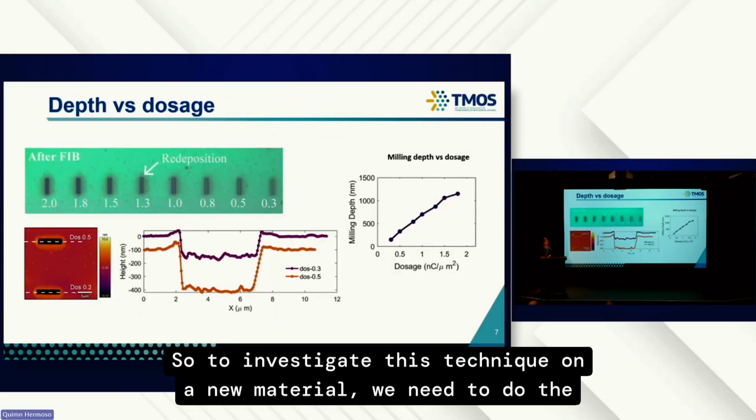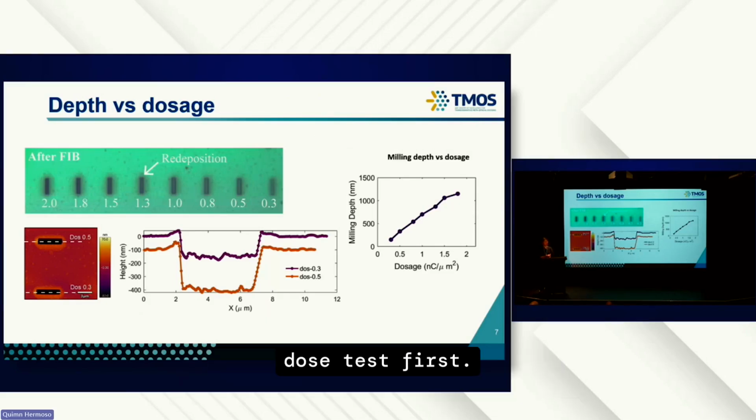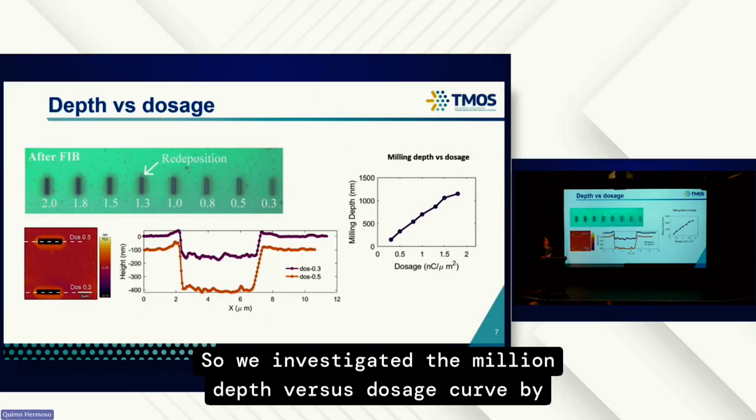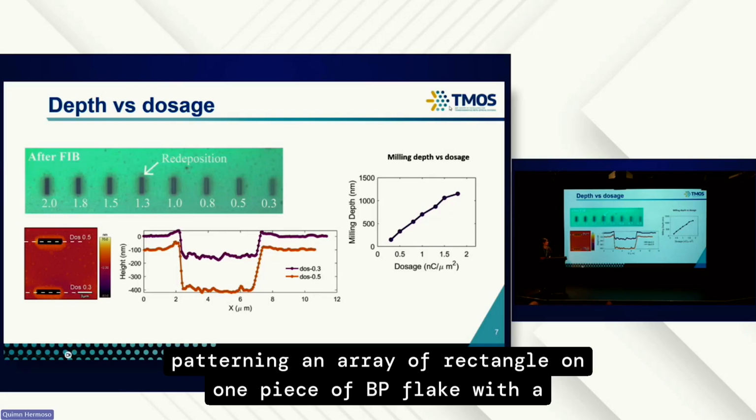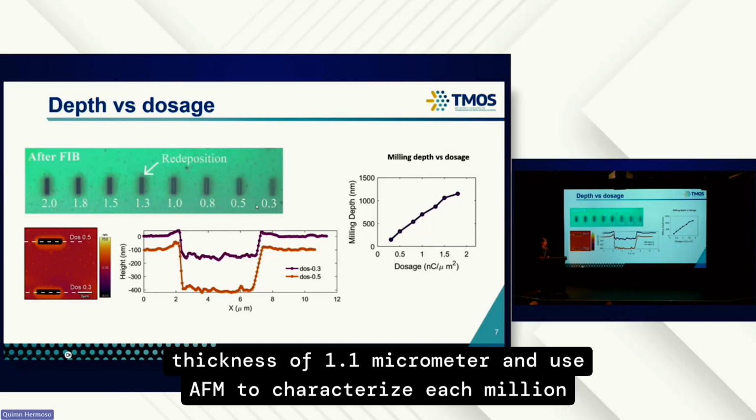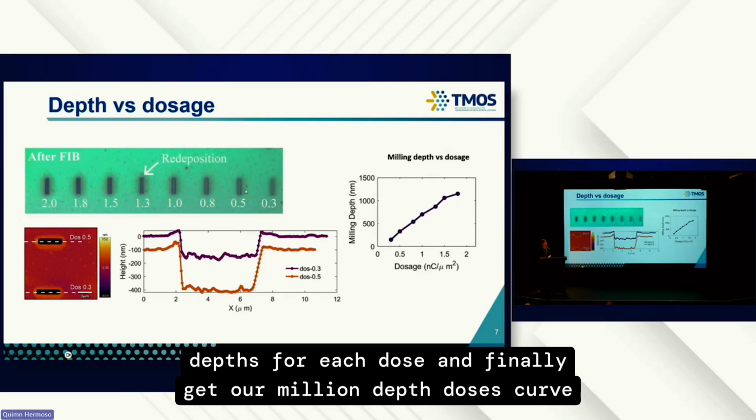To investigate this technique on a new material, we need to do the dose test first. So we investigated the milling depth versus dosage curve by patterning an array of rectangles on one piece of BP flake with a thickness of 1.1 micrometers, and used AFM to characterize the milling depth for each dose, and finally got our milling depth dosage curve here.